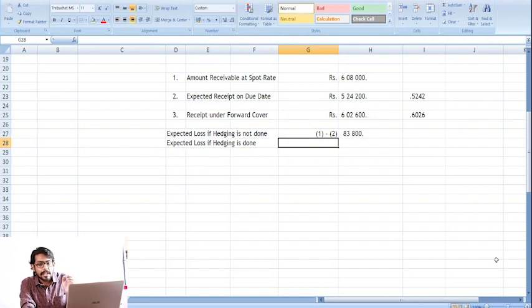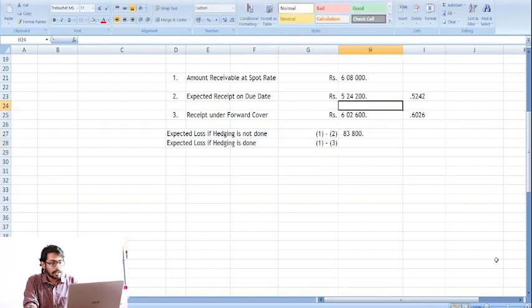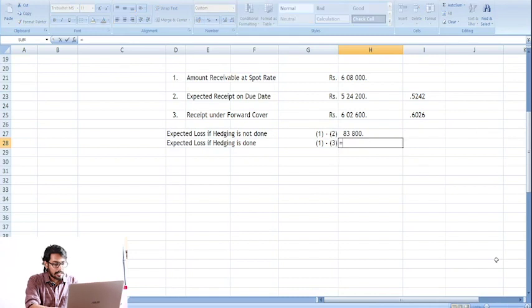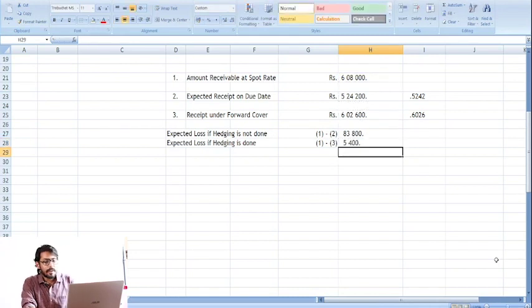If you do hedging, 1 minus 3, you will account for 6,08,000 and you will receive 6,02,600. You can say you have a loss of 6,08,000 minus 6,02,600, which is 5,400 rupees. Don't forget the rupee symbol. This is how the loss is computed.